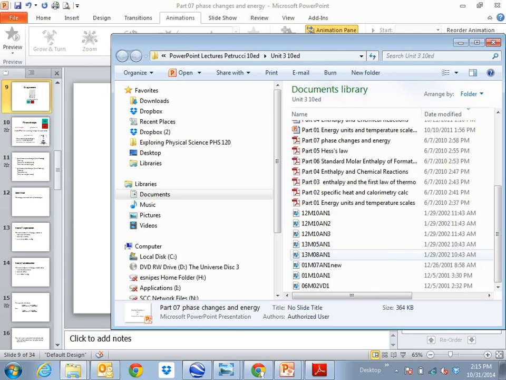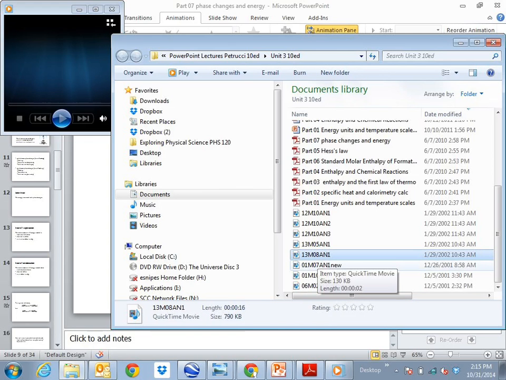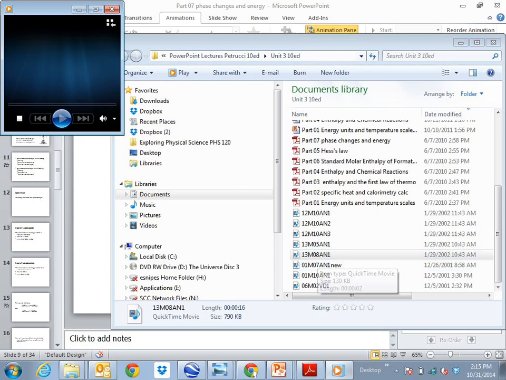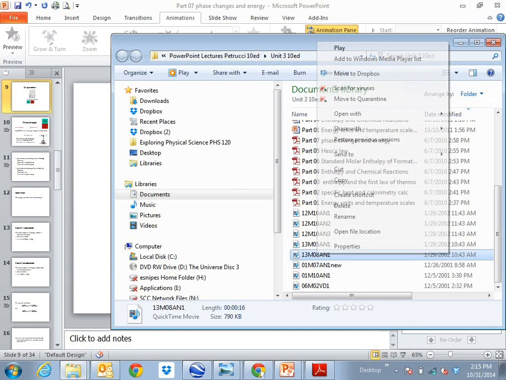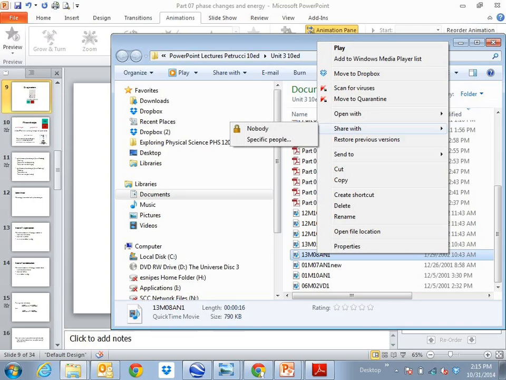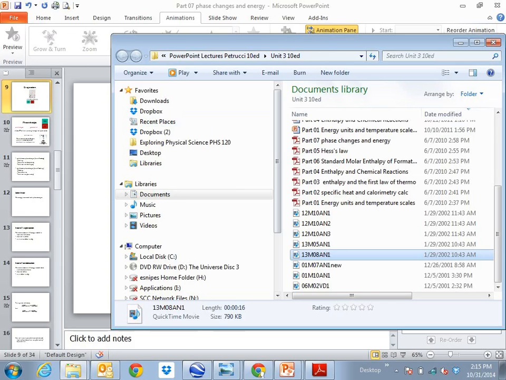This should work. QuickTime. One more try. Open with. Don't share it.